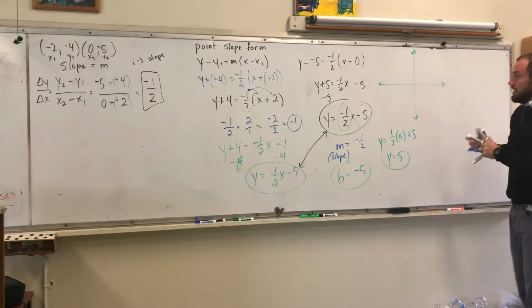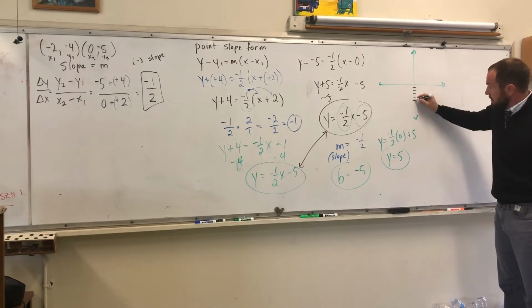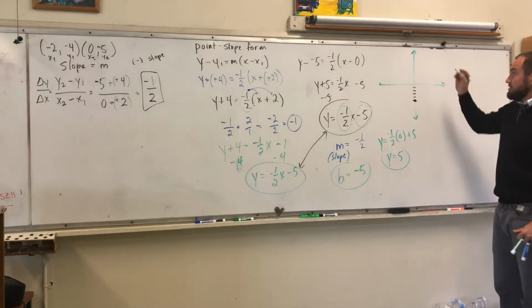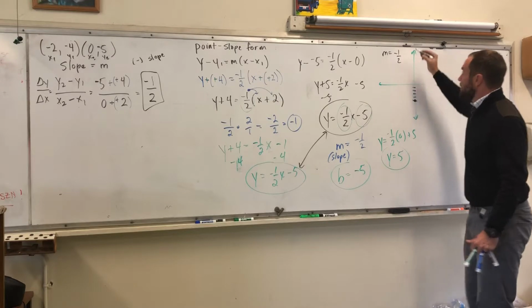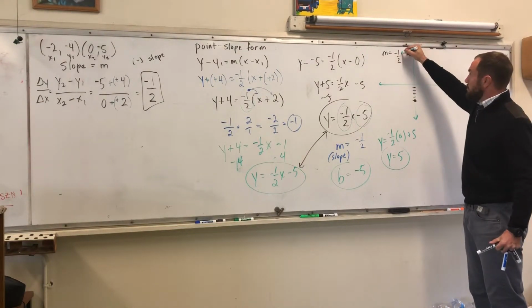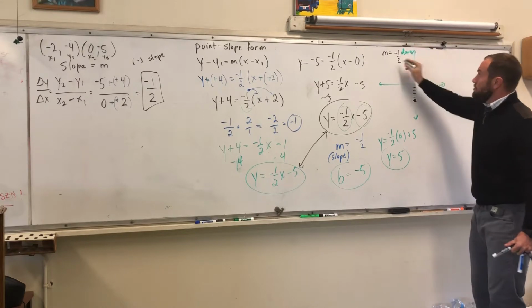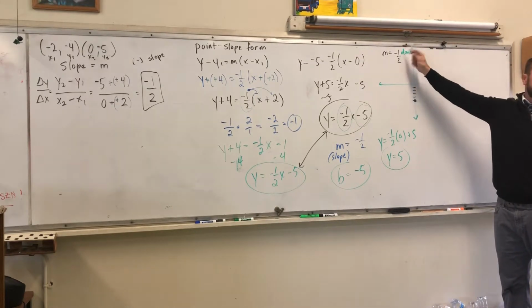Because we start at 1, 2, 3, 4, 5, our negative 5. And our slope is a little different this time around. Last time it was positive, we went up. Now because it's negative, we go down. What we're usually doing is just applying the positive or negative sign to the top number.